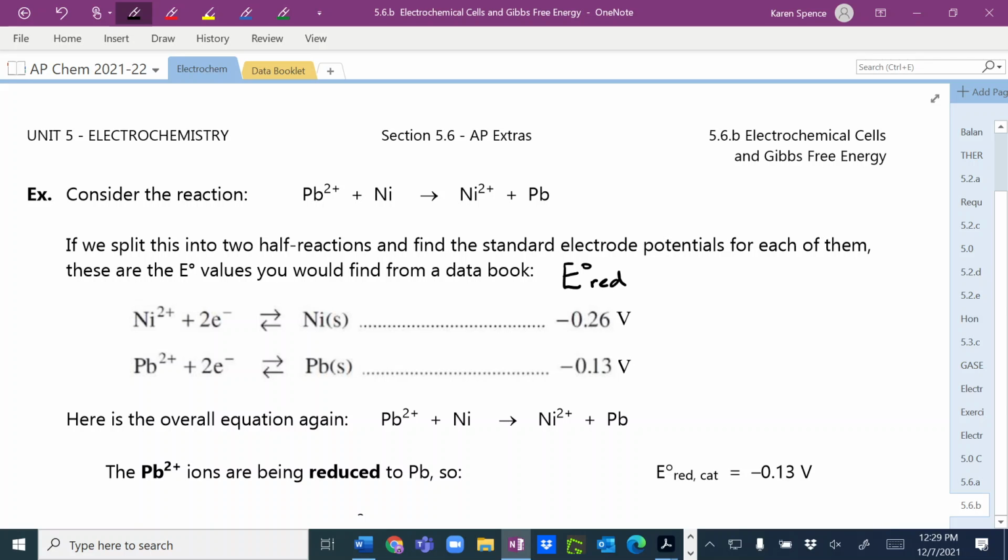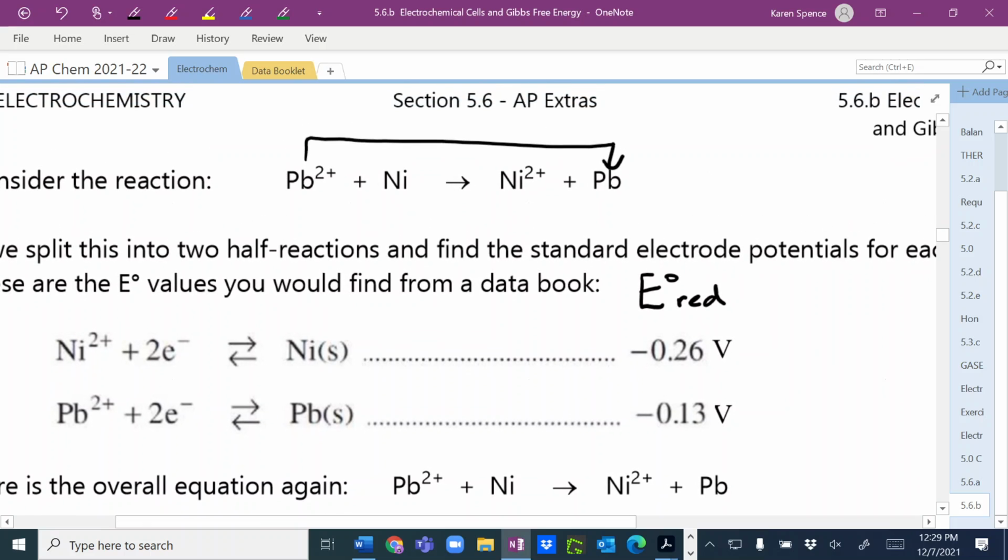Who would be getting reduced? Well, we're told that the reaction goes this way, so what's happening to the lead? Lead's going from 2 plus to 0, so lead is being reduced.